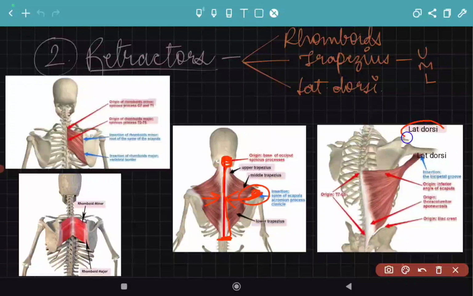Now coming to the latissimus dorsi, it has its origin from T7 to L5 and also from the inferior angle of the scapula. Because of this attachment and arrangement of the muscle, it will help in retraction, pulling the scapulae close to each other.